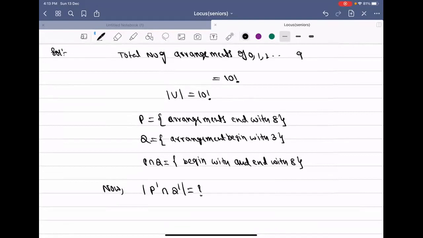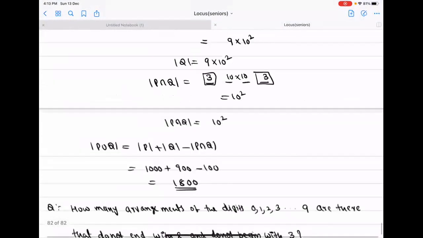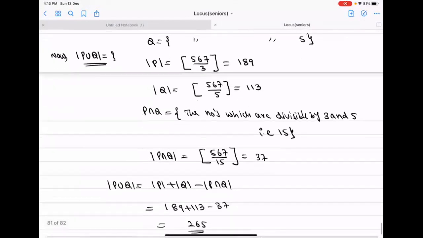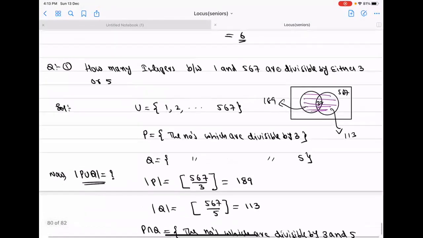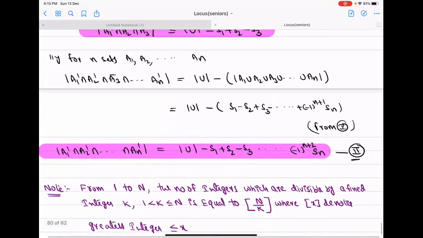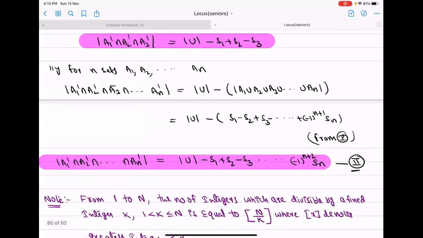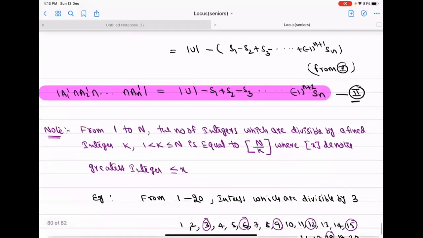This is our question. Okay? This we already proved, the second result, from De Morgan's law. The last result is that A1 prime intersection A2 prime intersection up to AN prime equals the universal set minus A1 union A2 union up to AN. We will use this one.